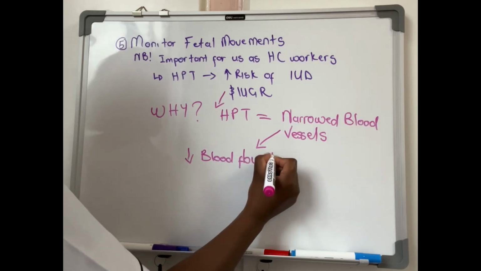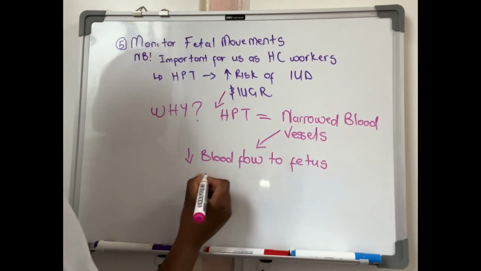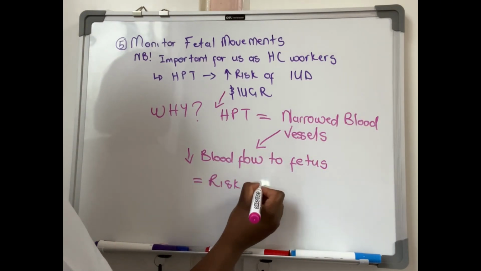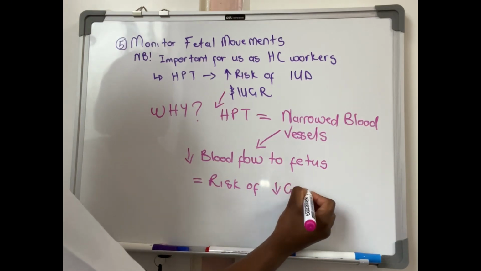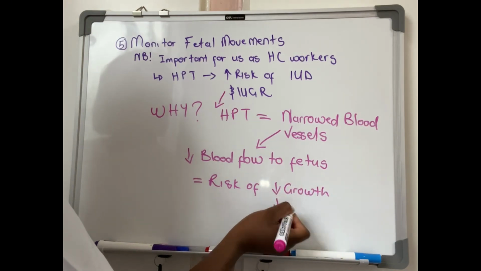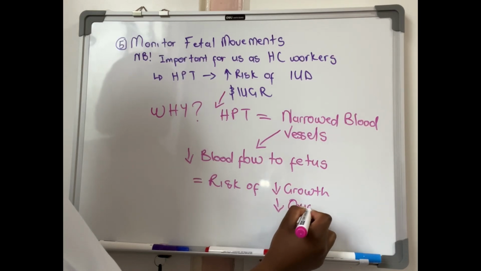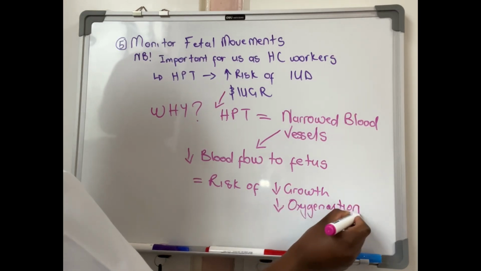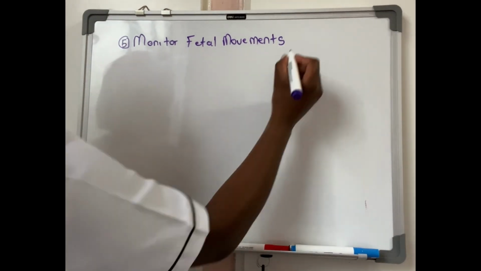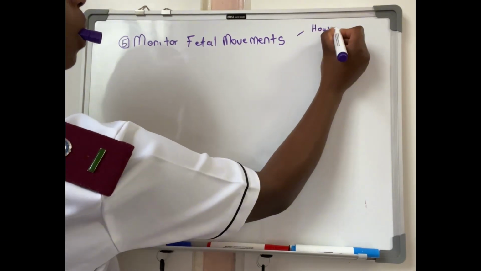Remember that as a healthcare worker, it is important to note that hypertension forms the risk of intrauterine death and intrauterine growth restriction because hypertension does narrow the blood vessels, and this means that there is limited blood flow to the growing fetus itself.